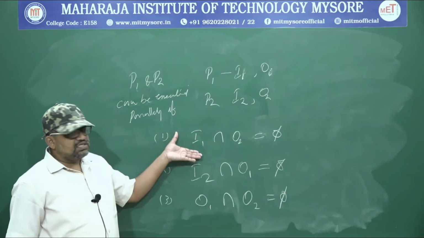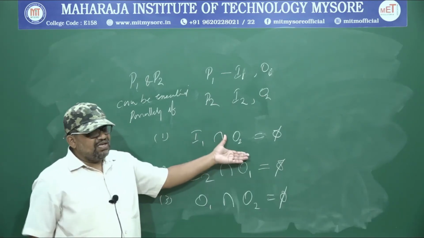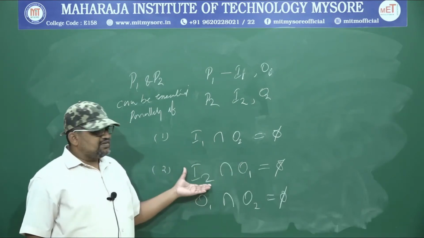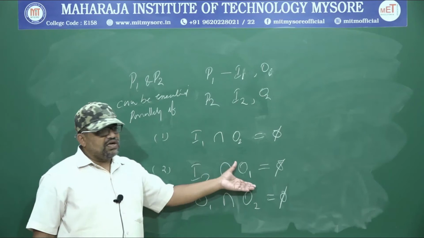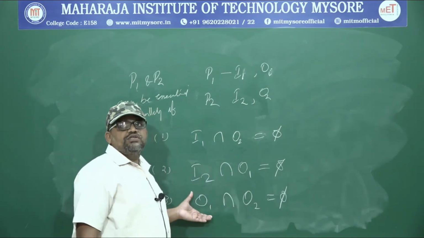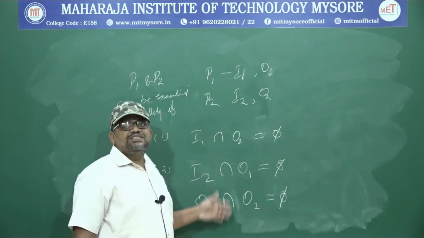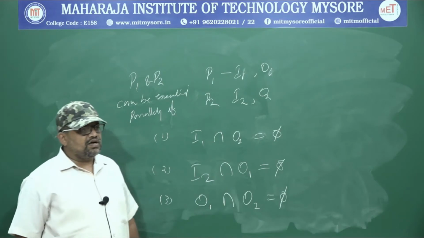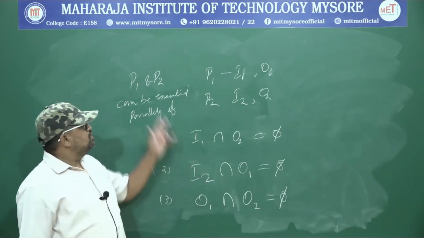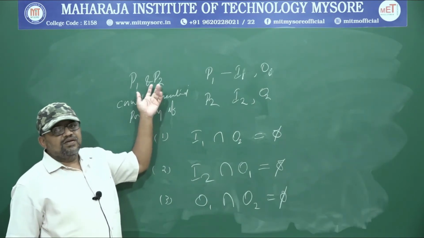So again, the input set of 1 should not have anything in common with the output set of 2. The input set of 2 should not have anything in common with the output set of 1. The output of 1 should not be equal to output of 2. So if you are able to satisfy these three conditions, then we can simply conclude that the given two processes can be executed parallelly, right?